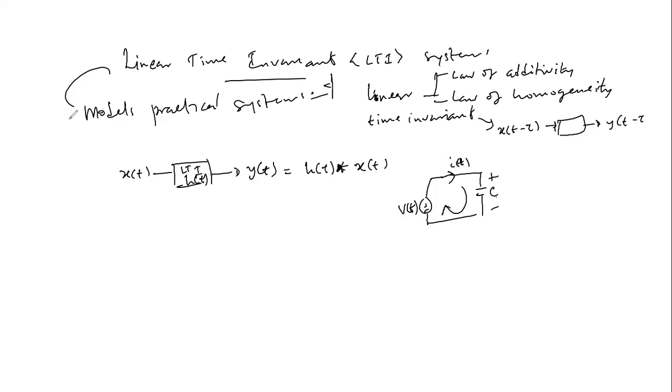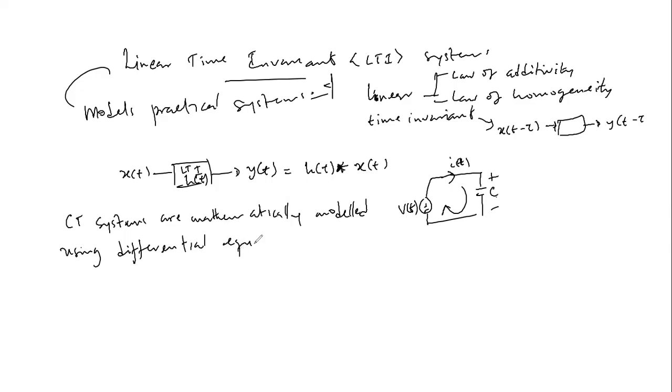And if continuous time systems are mathematically modeled using differential equations, then the general solution will have a particular and a homogeneous component.